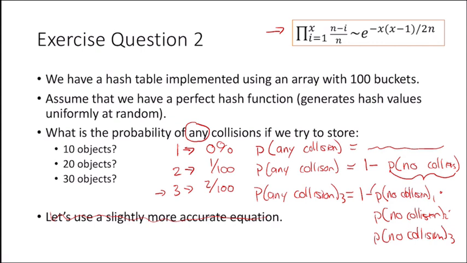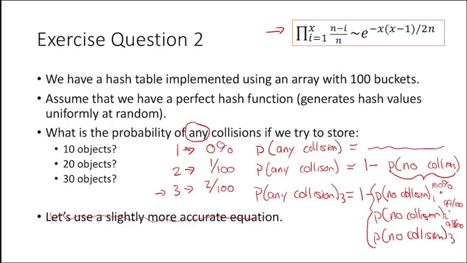And these are much easier to compute. The probability of no collision the first time is 100%. The probability of no collision the second time is 99 out of 100. And the third one is 98 out of 100.